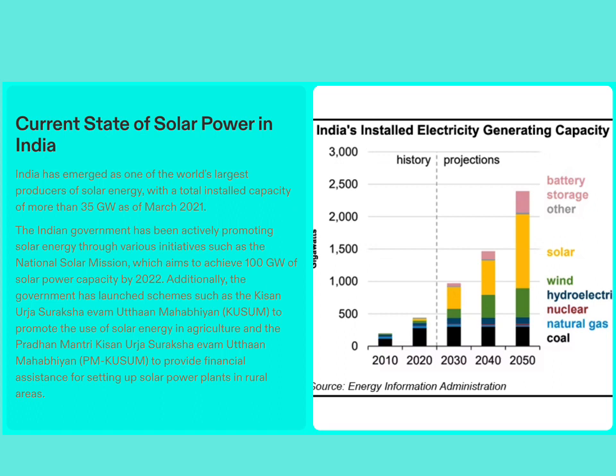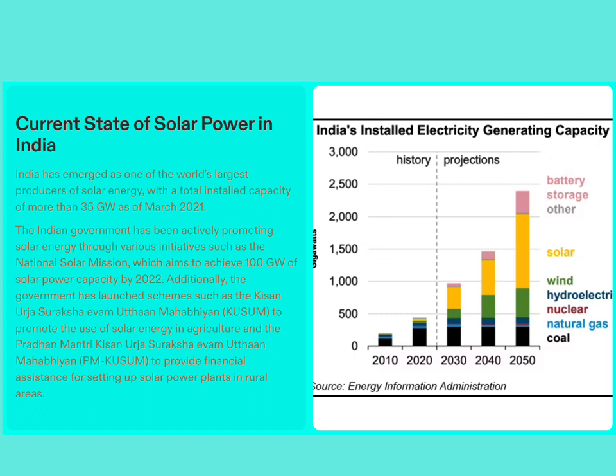So now let's discuss the current state of solar power in India. India has emerged as one of the world's largest producers of solar energy with a total installed capacity of more than 35 gigawatts as of March 2021. The Indian government has been actively promoting solar energy through various initiatives such as the National Solar Mission, which aims to achieve 100 gigawatts of solar power capacity by 2022.